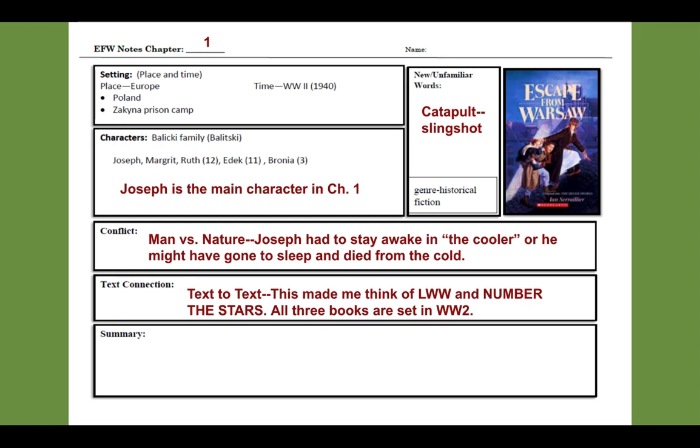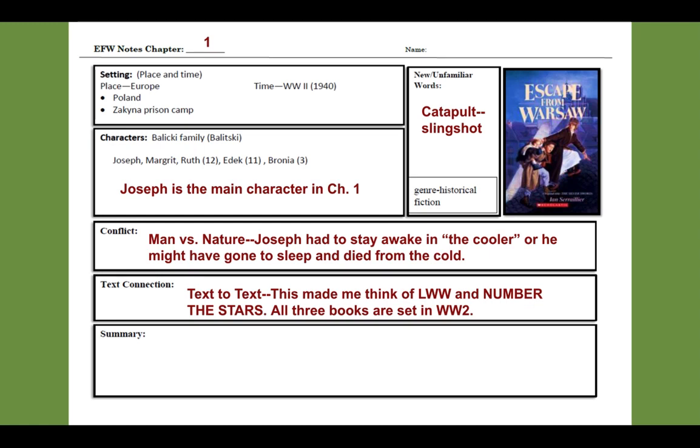He turns the picture of Hitler towards the wall so it's not showing. That's the instigating thing, okay? That's the first event. The next thing that happens is he is taken away and thrown into the prison camp at Zakina.